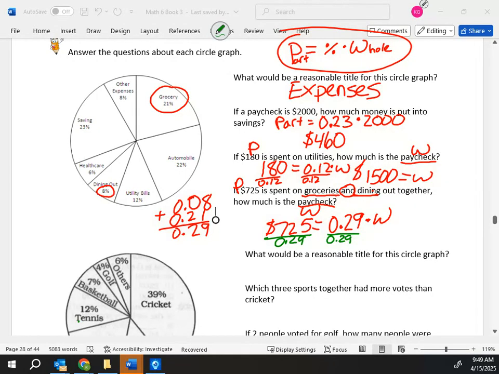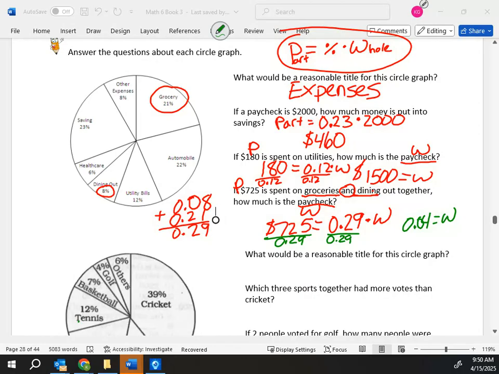Sophie? Say it aloud again. 0.04. Does that logically make sense? Is my paycheck going to be 4 cents? That's my checkpoint saying, ooh, it doesn't make sense that my paycheck would be 4 cents.